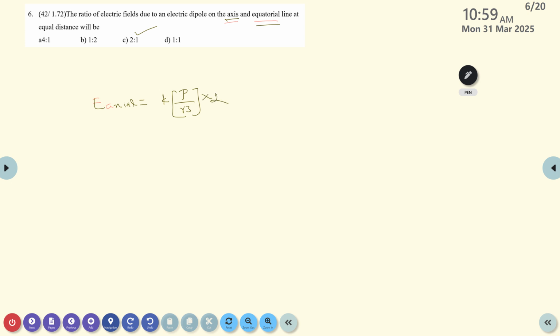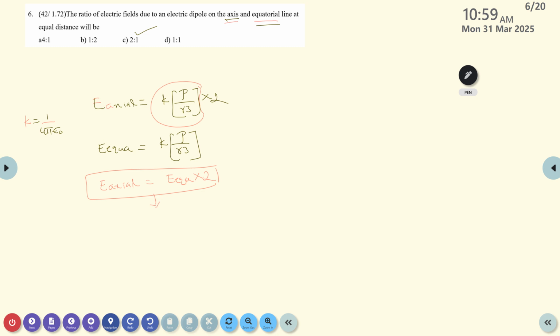E equatorial equals K into P divided by R cube. In the class hours I did, constant K is nothing but 1 divided by 4 pi epsilon naught. Compare it to this equation. Can I write like this? E axial equals E equatorial multiplied by 2.